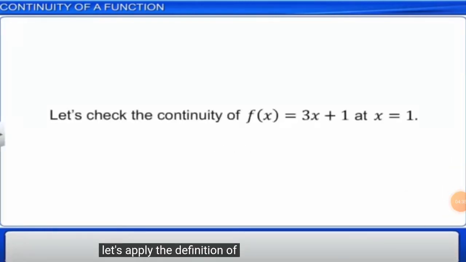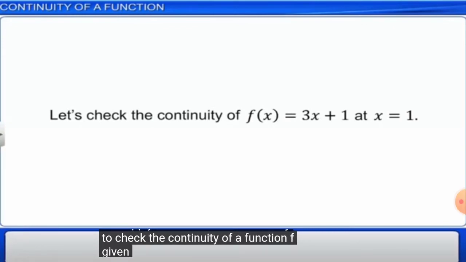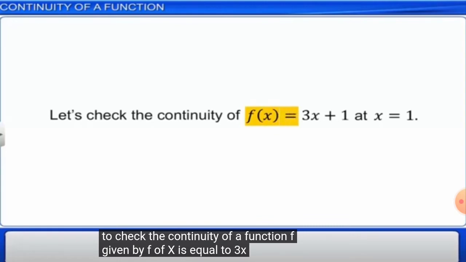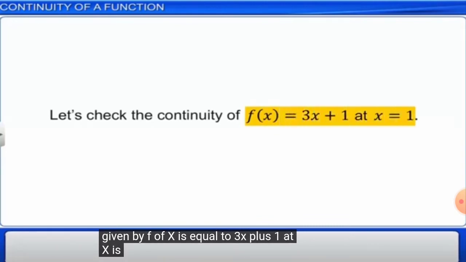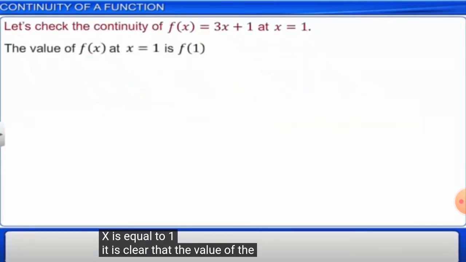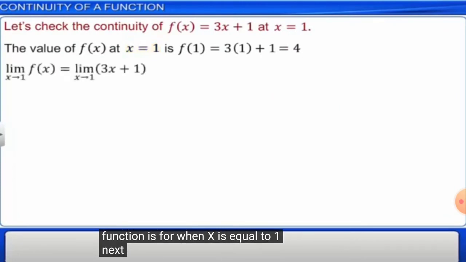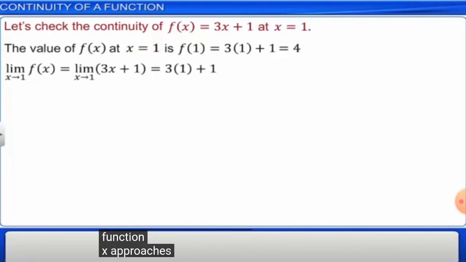Let's apply the definition of continuity to check the continuity of a function f given by f of x equal to 3x plus 1 at x equal to 1. It is clear that the value of the function is 4 when x equal to 1. Next, we'll find the limit of the function as x approaches 1.